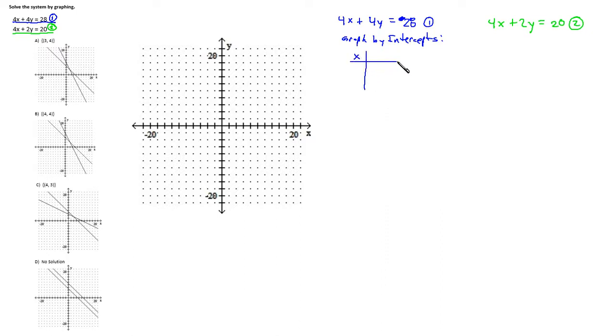Not getting fractions is really good when you're graphing, because fractions can be kind of a pain to graph compared to integers, whole numbers, and non-fraction numbers.